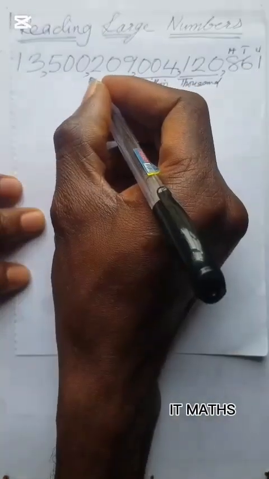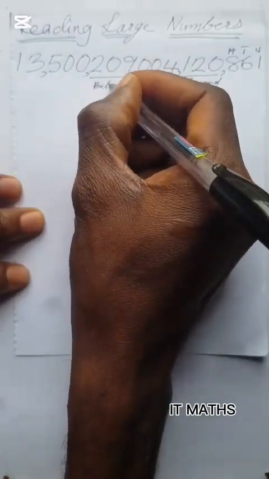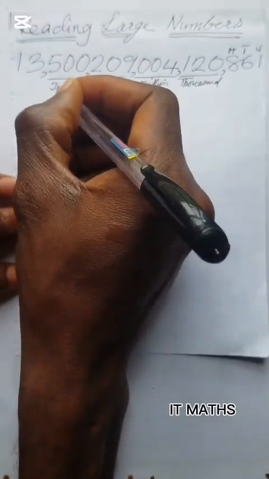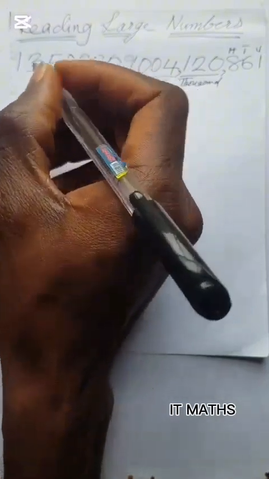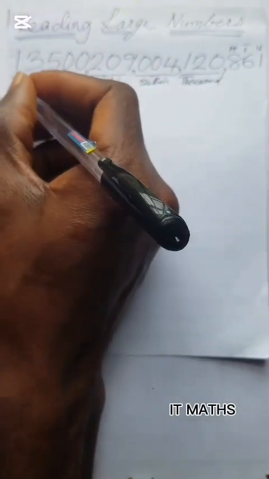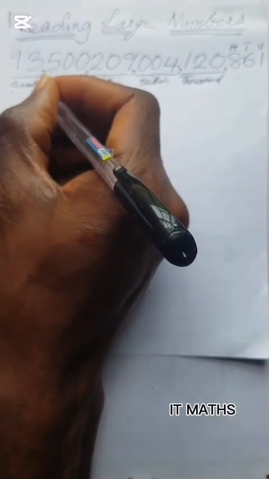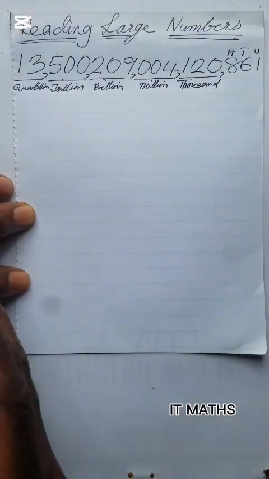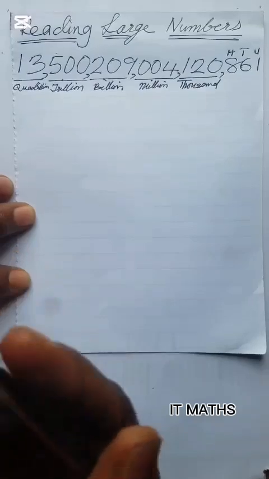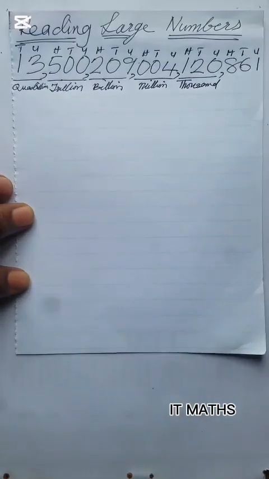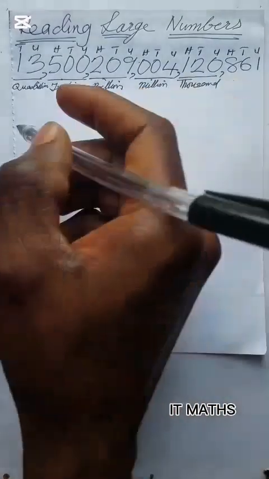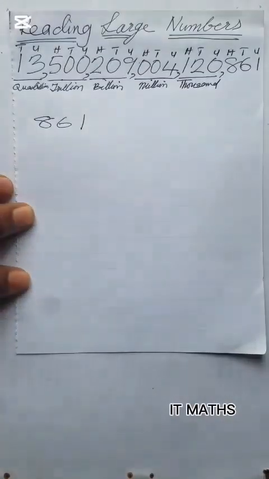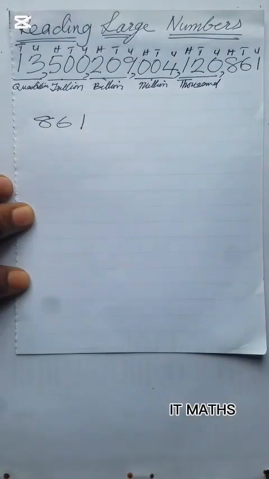After the million family, we have the billion family. And then we have the trillion family. After the trillion family, we have the quadrillion family. And all of them obey the simple rule of hundreds, tens, and units. So, if you can read a simple number like 861, then you can read this entire large number.